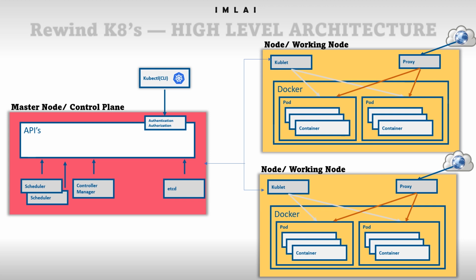So now you may think, what is the difference between that control loop and this controller? I'm going to tell you, don't worry. Here is one example of a control loop. Let's take a thermostat in a room. When you set the temperature, that's telling the thermostat about your desired state.